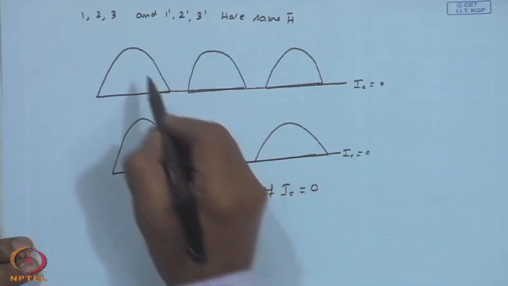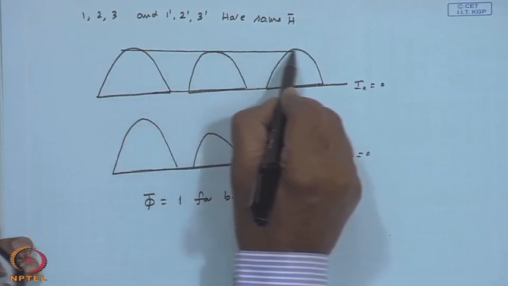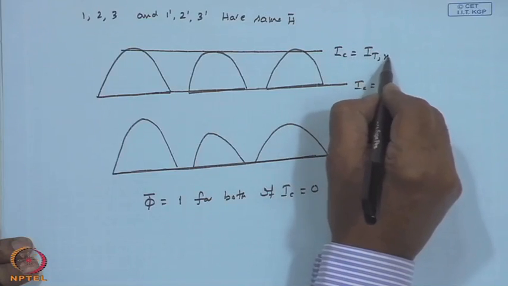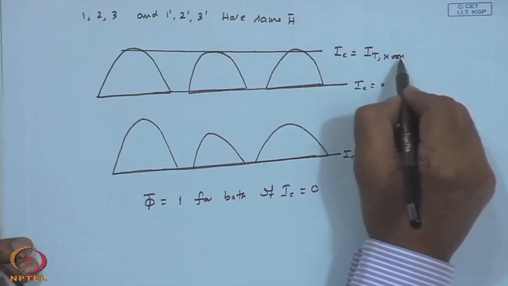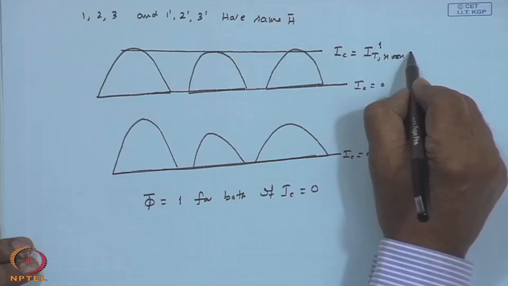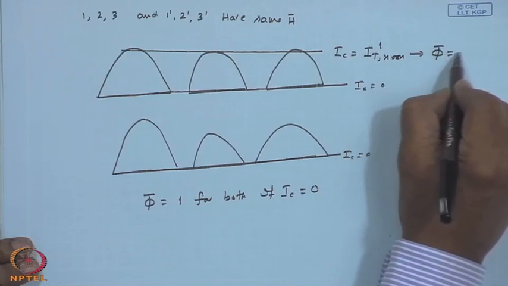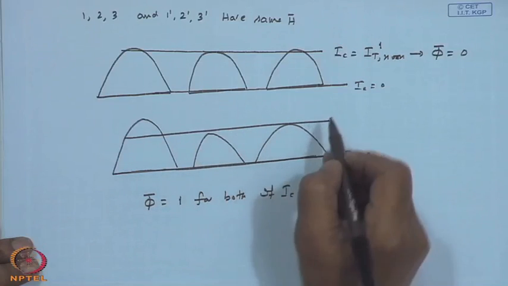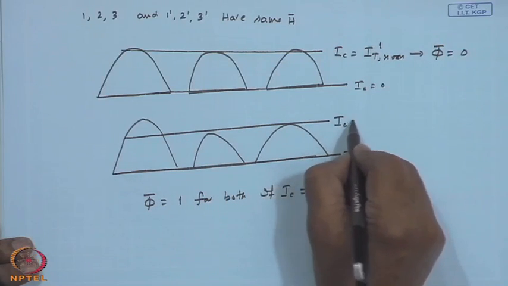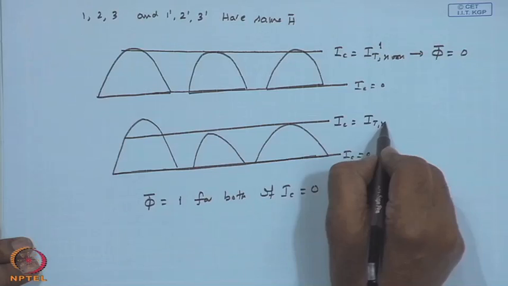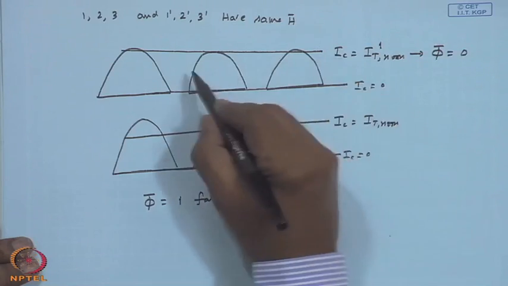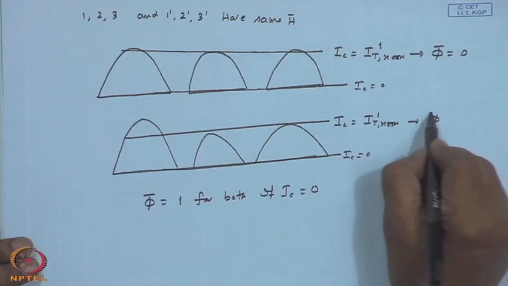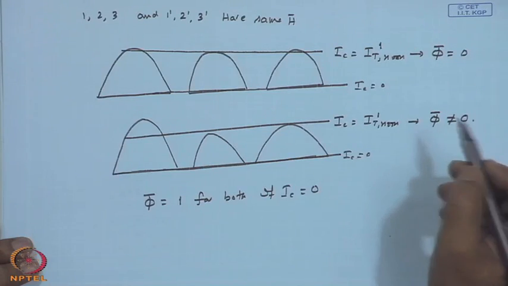Now, if I reach this value, I t at noon of set 1, for this my phi bar is 0, whereas for set 2, with I c equal to I t noon, because they are all equal, that is the same value, phi bar is not equal to 0.